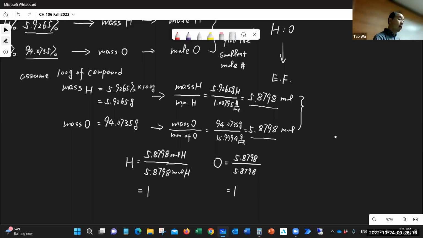So the ratio between hydrogen and oxygen here is 1 versus 1. The hydrogen number is 1, the oxygen number is 1. This ratio is the ratio of the atoms in the formula, 1 versus 1.